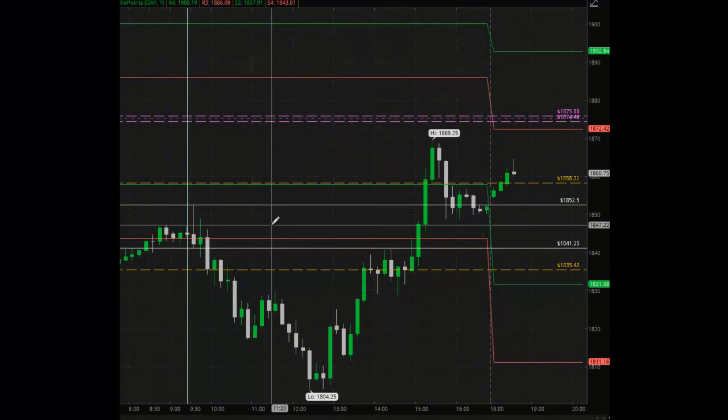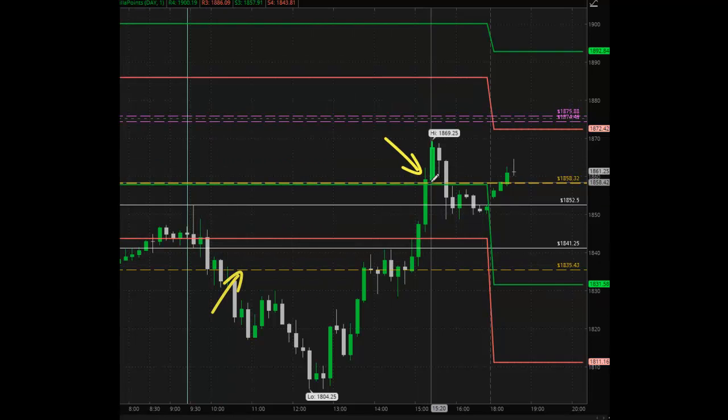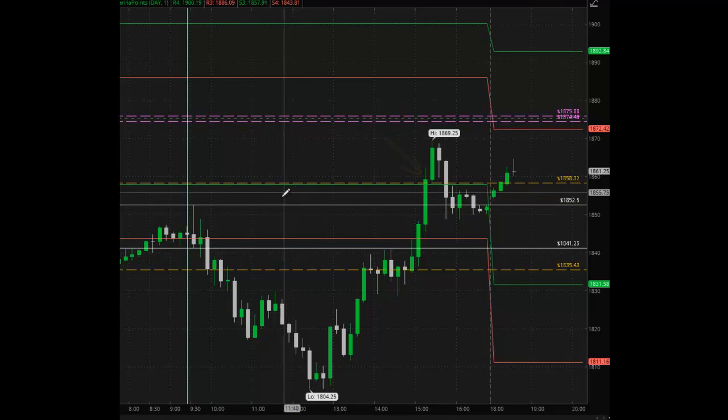And then, of course, you've got the opening range, the white lines here, okay, with your A points, A up and A down. And in this case, you can only have one A, so you had the A down, so this has to be a C up, okay? And you can flip that on its head. If you had an A up and it came down here, this would be a C down, okay?